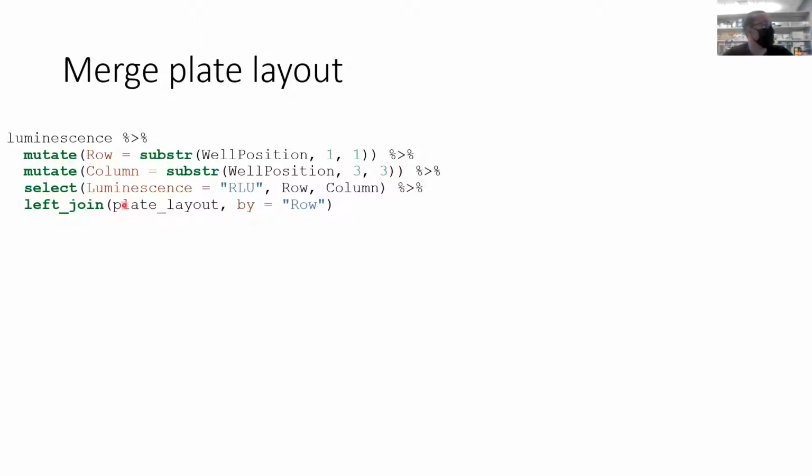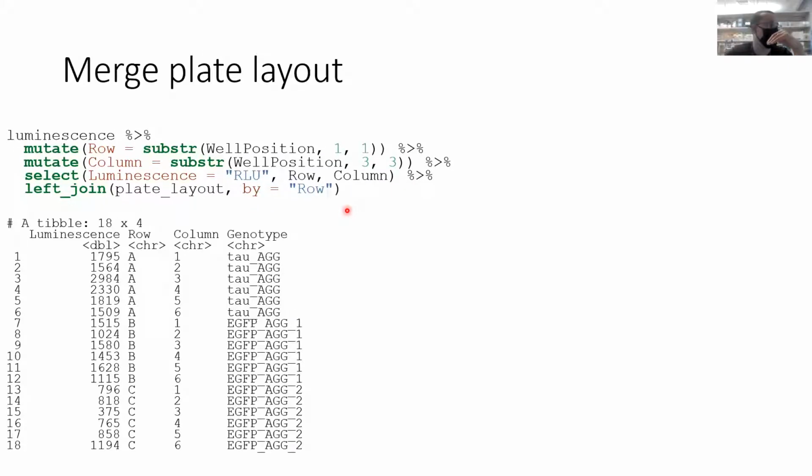So what we do is we join the luminescence data frame to the plate layout data frame. And the one argument we have to supply is the by argument. So what are we matching them by, right? And what we are matching them by is the row, because our layout data frame contains rows matched to genotypes. And our luminescence data frame contains a bunch of samples that each have a row value.